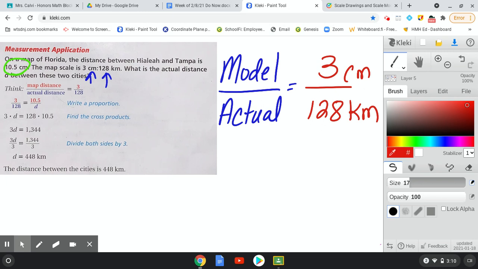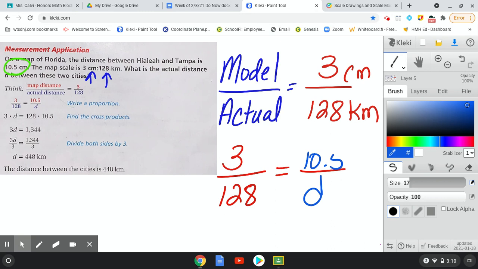So we are going to set up a proportion of 3 centimeters to 128 kilometers. So remember, my numerator is my model, my denominator is my actual. I do not know my actual. That's what we are solving for. So that's going to be my variable. And my numerator, the model, is 10.5 centimeters.